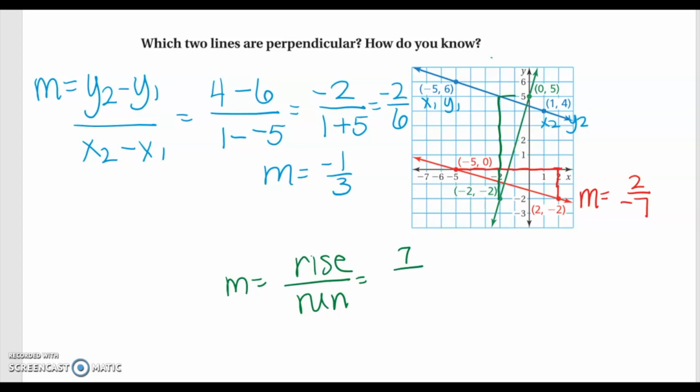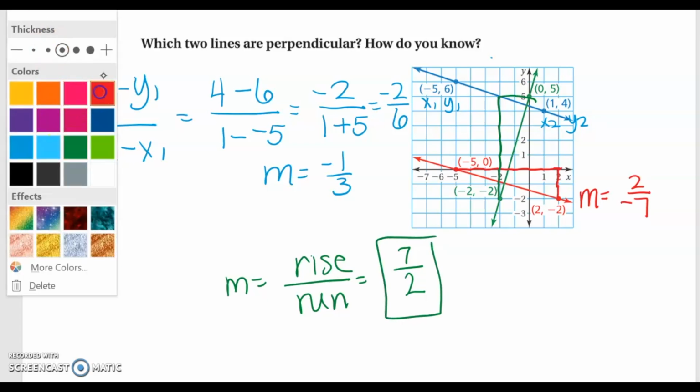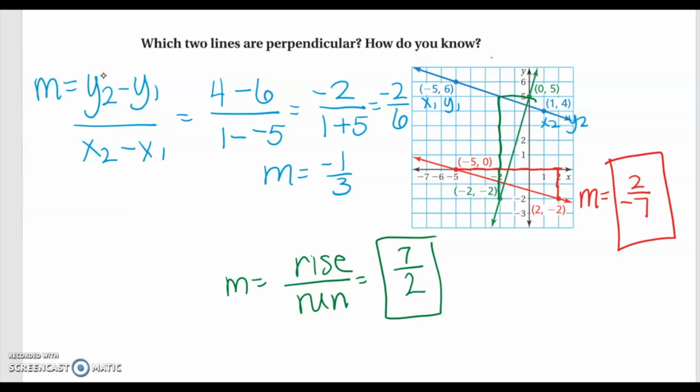I'm going to run 1, 2. Okay, so notice this is a positive, and my red line was a negative. And notice how we have 7 over 2, 2 over 7. Those are reciprocals. So this tells me that my green line and my red line are perpendicular.